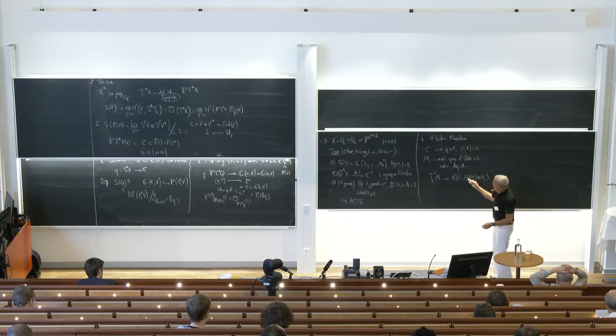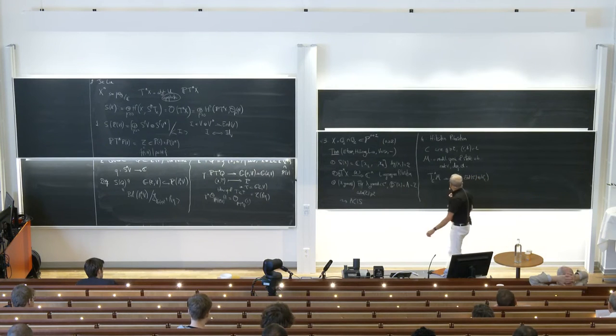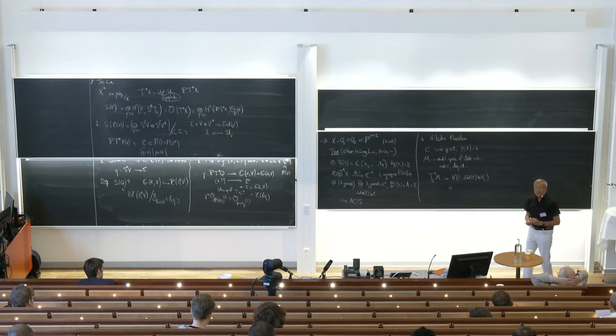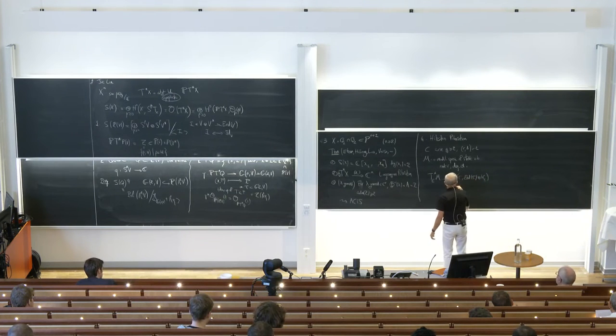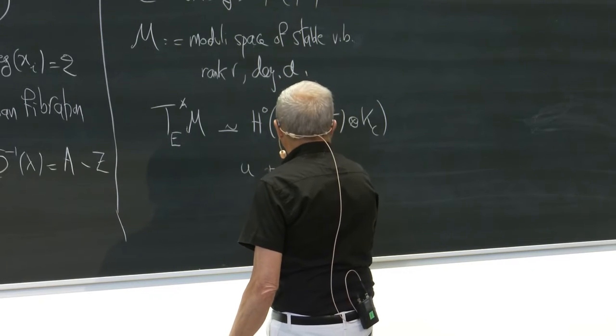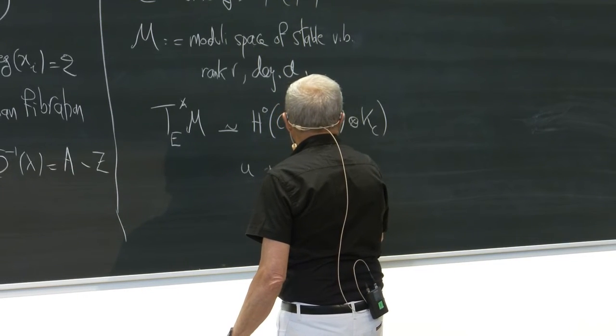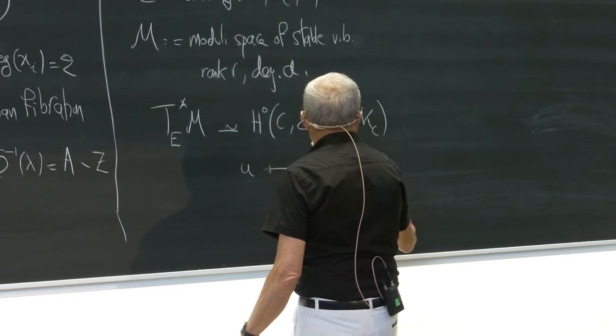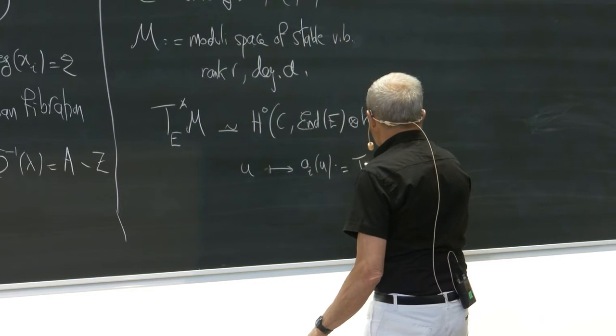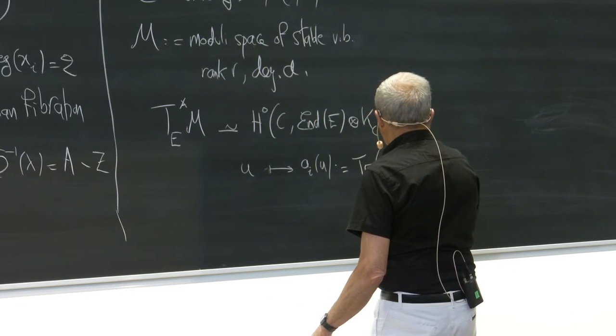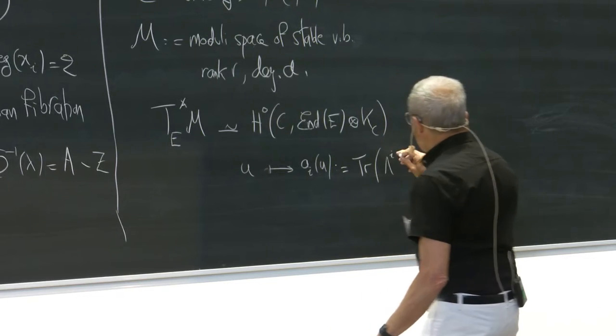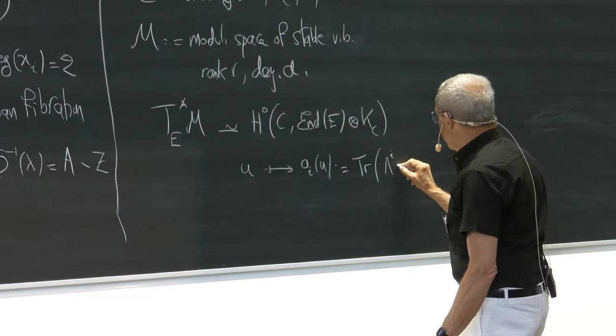And then when you have something like that, you can associate to u the coefficients of its characteristic polynomial, which you can write as, let's say, a_i of u. This will be the trace of the wedge i of u.